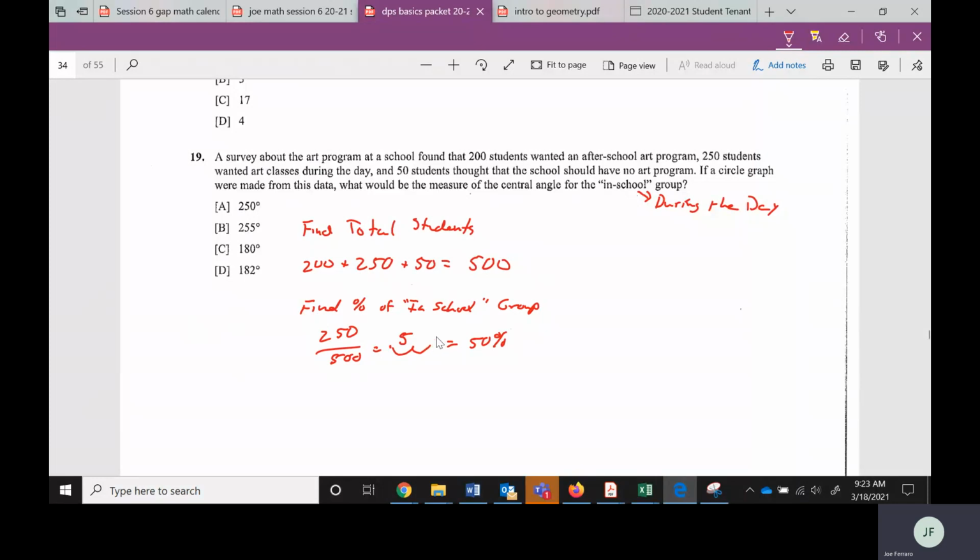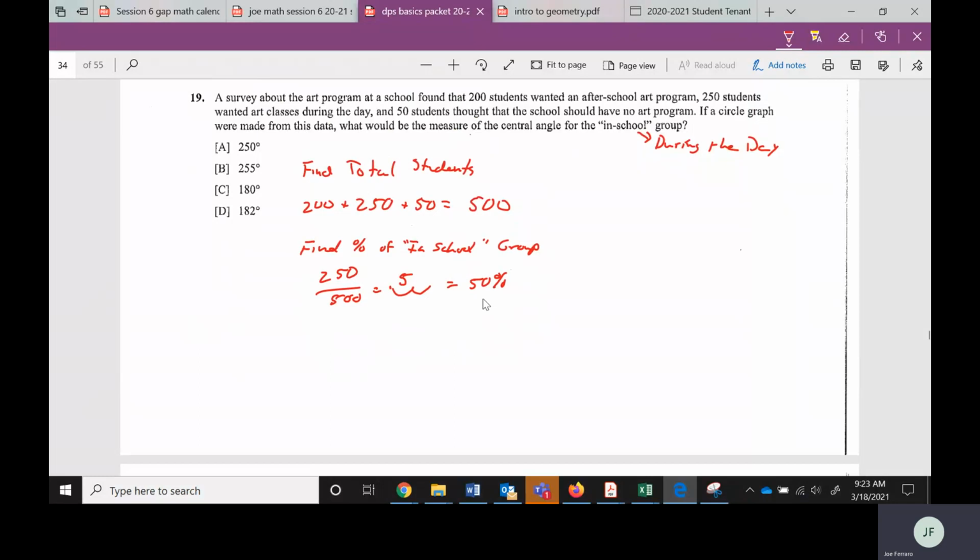We got to figure out what's the angle. Now you might be able to just do this right now because it's 50%, but I'm going to show you just in case that ends up being different. Now, what we need to do is find 50% of the angles in a circle, which is 360 degrees. Now this right here will be the same for every problem that you would get like this.